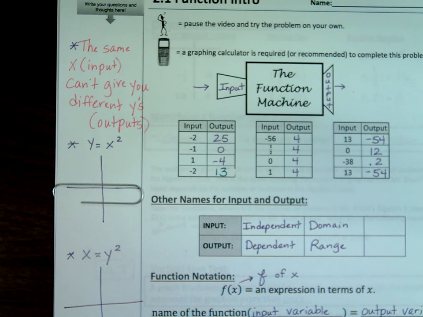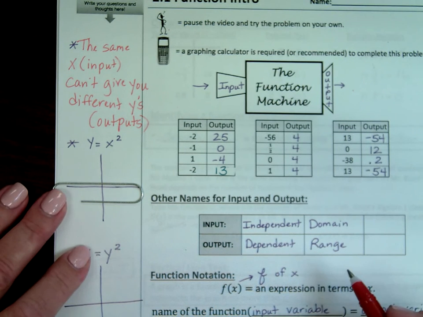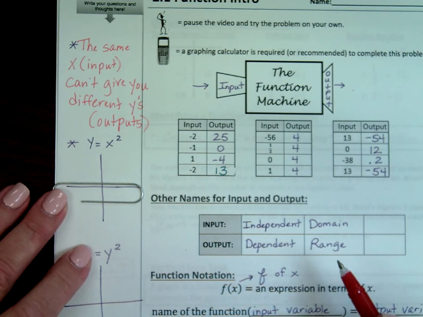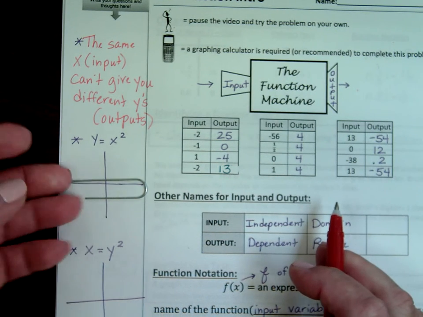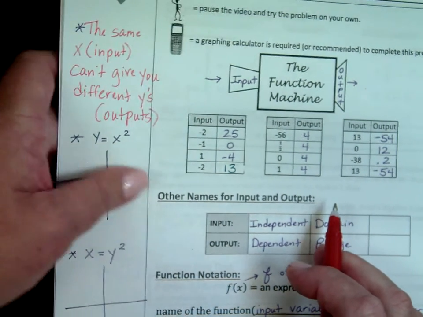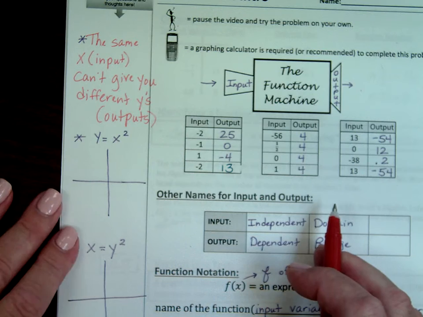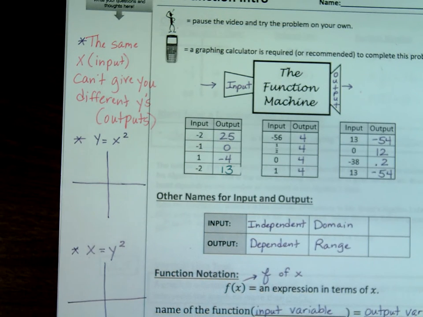So in your margin, the same x or input can't give you different y's or outputs. And I know that I get confused, like is it the x's or the y's that can't repeat, right? Because all of us kind of say the same, they're just too similar.